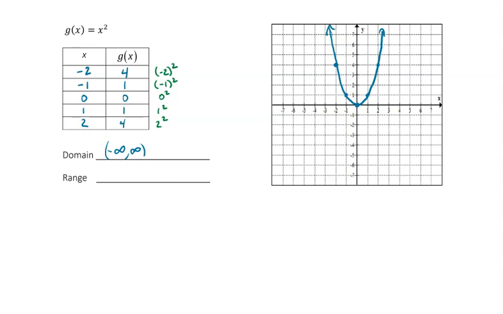And for the range, it is 0 at the bottom to infinity at the top. Right? So, especially for later, make sure that you have these points handy for x squared.